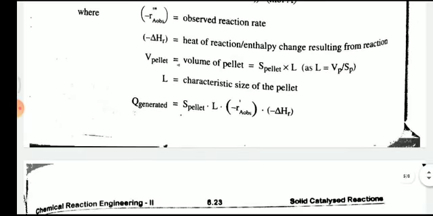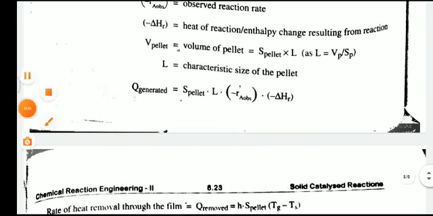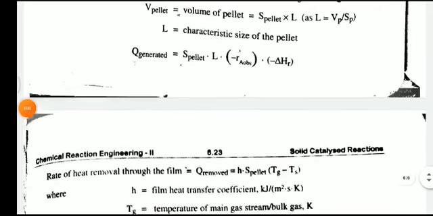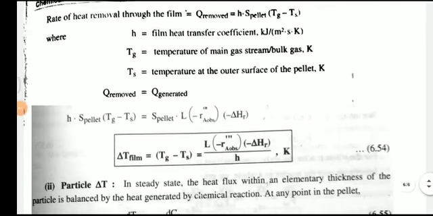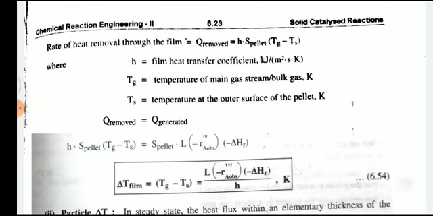So it is given by S pellet into L into R observed. Okay, so the rate of removal from the film is Q removed, and we can find it as H S pellet, Tg minus Ts, where H is the film coefficient, Tg is the temperature of the main gas stream and Ts is the temperature of the outer surface.